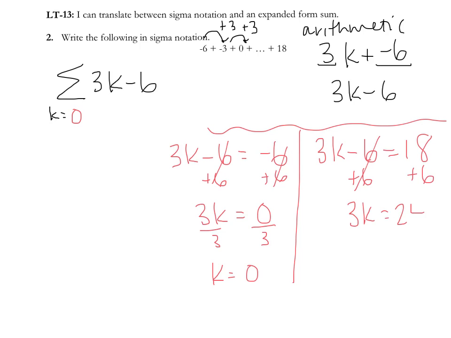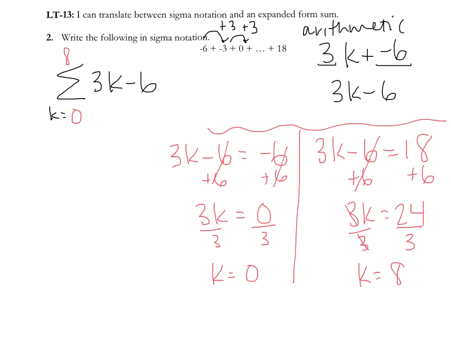And on the right-hand side, we get 18 plus 6, which is 24. So then we can divide both sides by 3, and we get k equals 8. So if we were to plug in 8 into our function formula here, we would get out 18. So we know that that's the last k value we want to plug in that will give us our very last term.